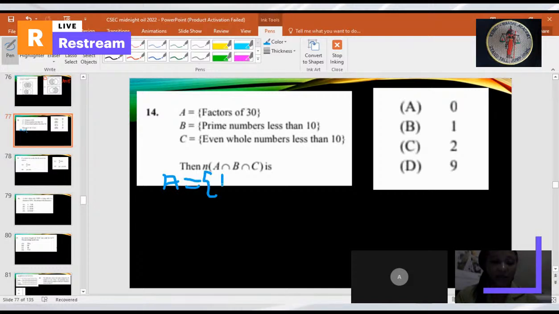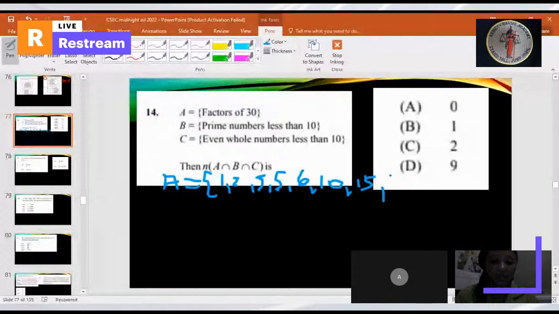So we know we have 1, 2, 3, 5, 6, 10, and 30. These are all the factors.